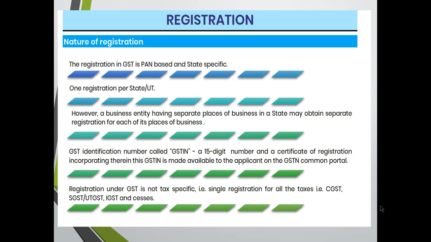So everybody, do type. The first 2 digits would be the state code. The next 10 digits would be your PAN. The next 3 digits would be a combination of alphanumerics. Wonderful, Sushmita Ghosh. Good work.